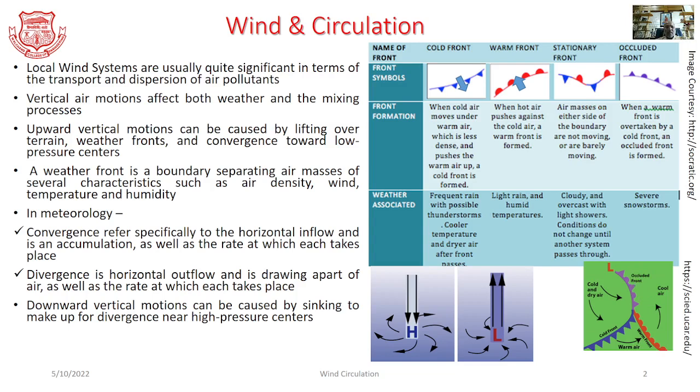In addition to these fronts, we will be referring to some terms such as convergence and divergence. In the context of meteorology, convergence refers to the horizontal radial inflow that is getting accumulated, as well as the rate of accumulation.